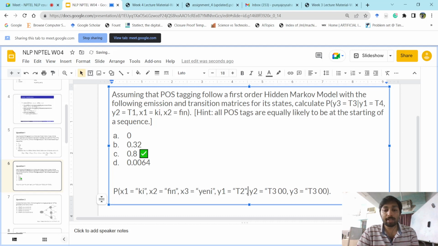Here they are not asking the conditional probability, but we have to find the total probability. What are they asking? What is the probability that this sequence will occur?